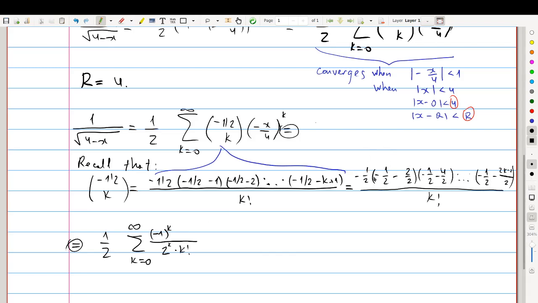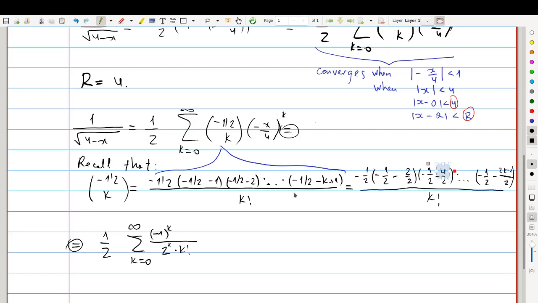And then what are the numerators? We had minus 1/2, then here minus 3/2, here minus 5/2.